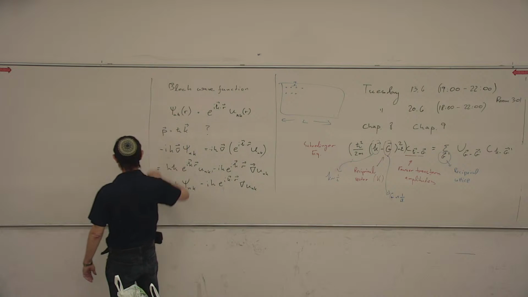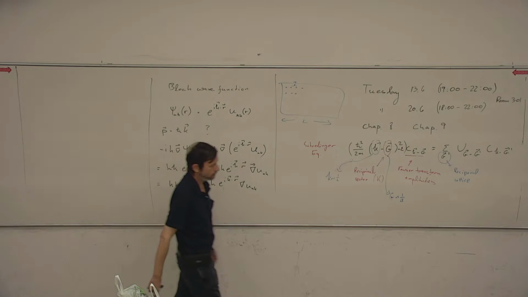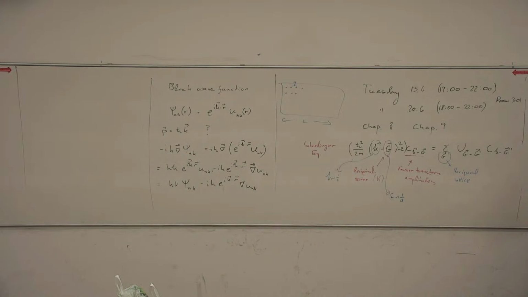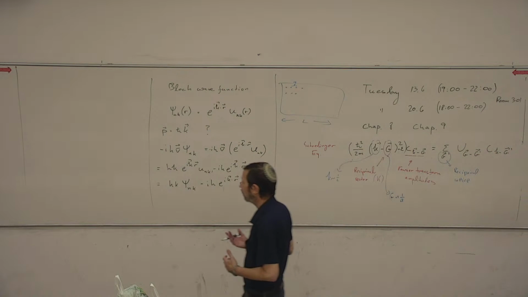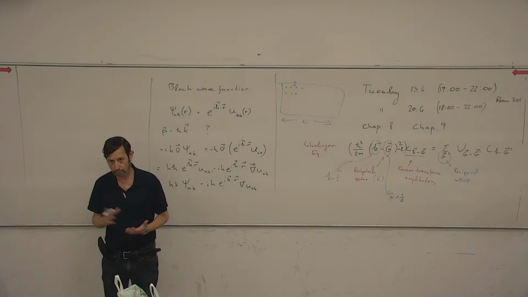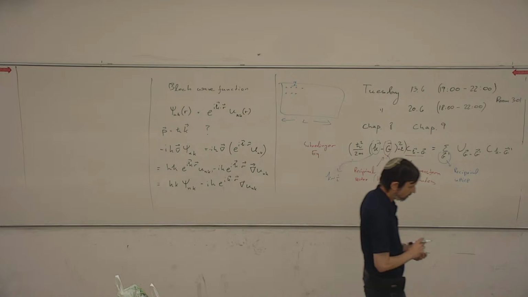Okay, so nevertheless, can we get some connection between momentum or velocity and some other property of the system for the Bloch solutions? The answer is yes.